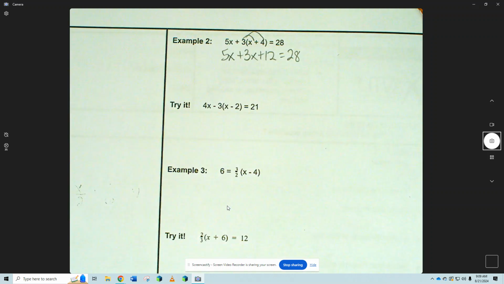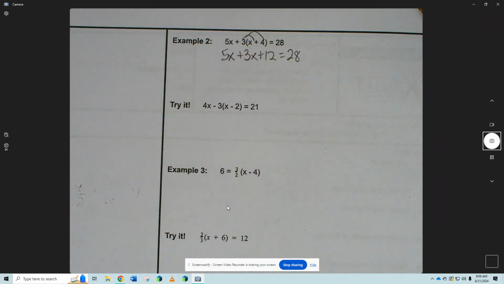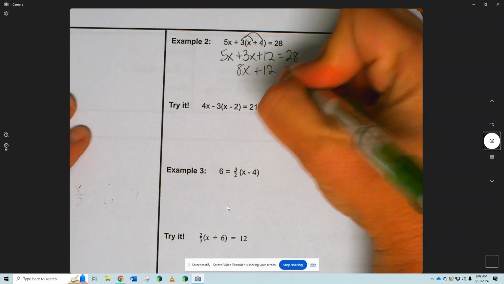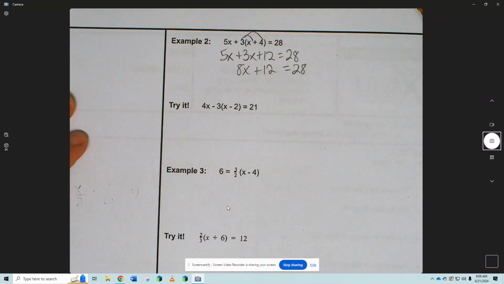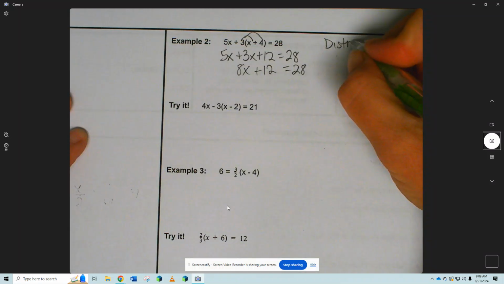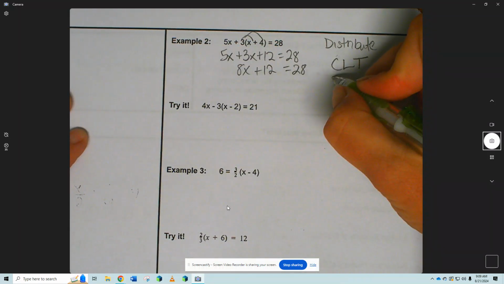So now I'm going to combine like terms. What are the like terms? 5x plus 3x. Good job. 8x. So you put 8x plus 12 equals 28. Then what? So what do I do? Minus 12.